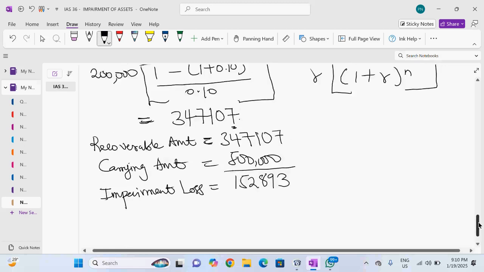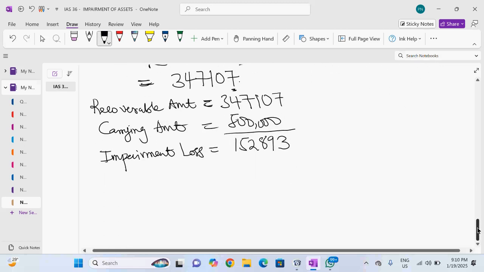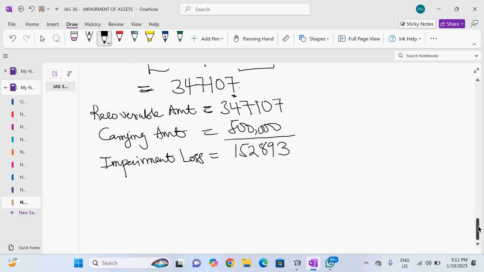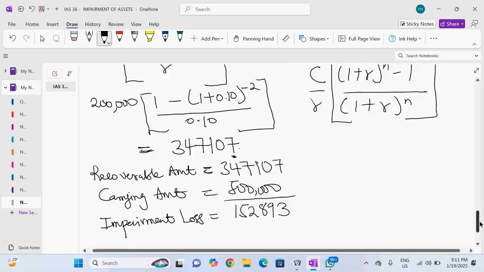Yes, no problem. So how do we record this in the financial statement? How do we treat it in the financial statement? So where will impairment loss go?